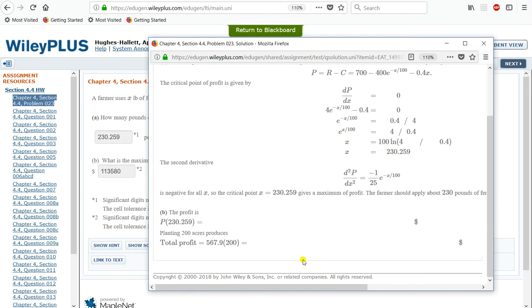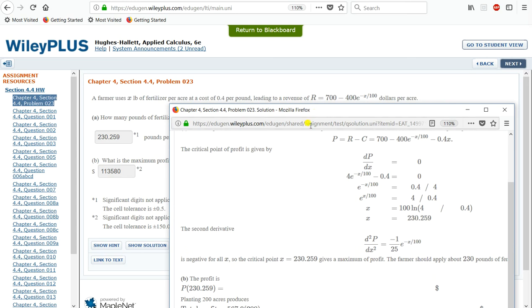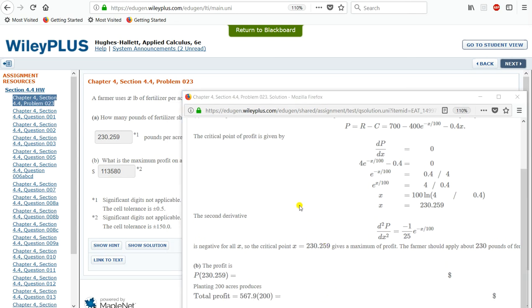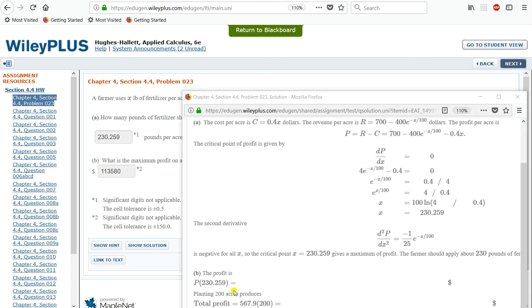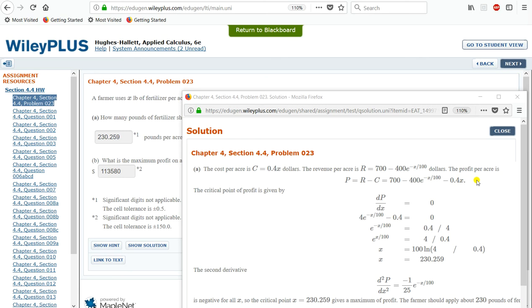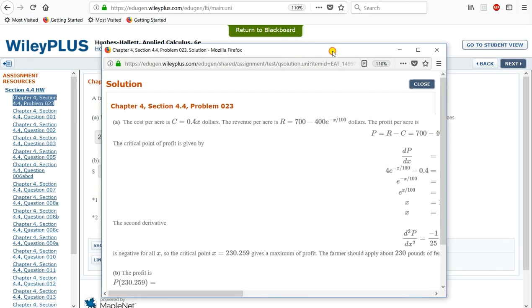So we got the location to get the maximum profits, which is 230. You just have to take this 230 pounds and plug it into the profit function, or p of 230.259 in this function here, and then you should end up with the maximum profits.